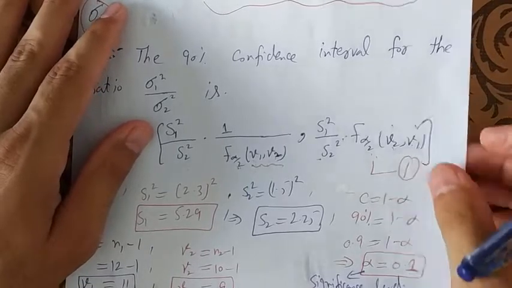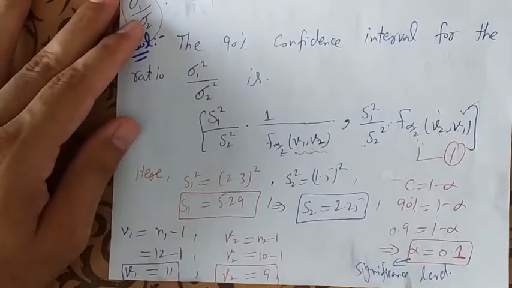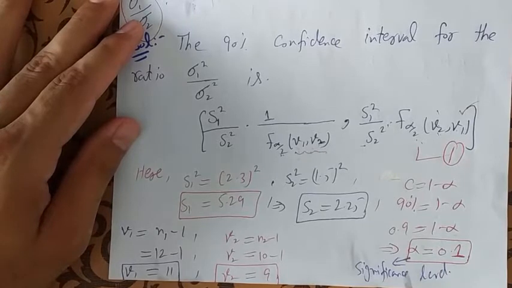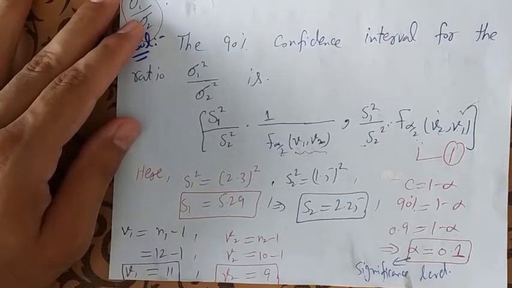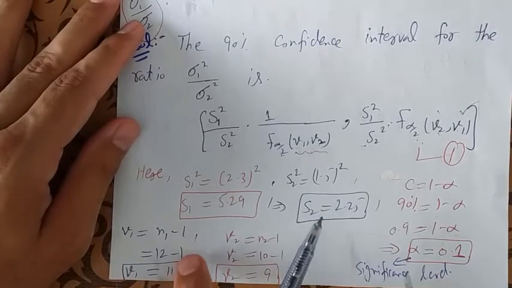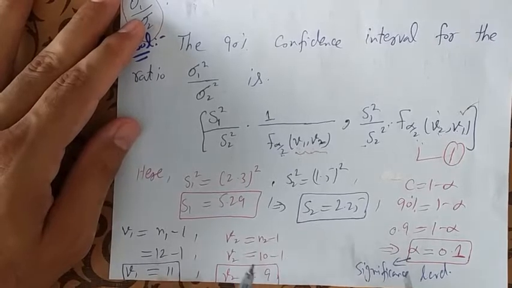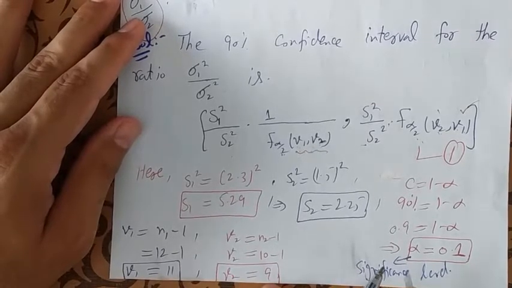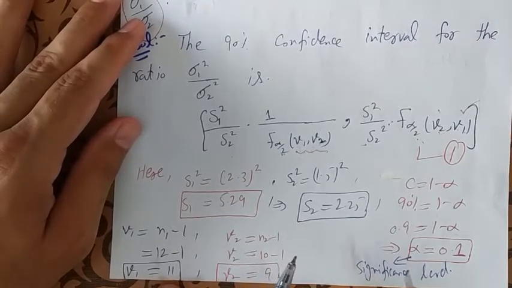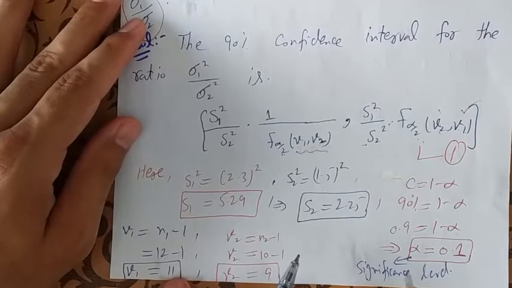And nu 1 is the degree of freedom. n1 is also given in the problem, which is equal to 12, and 12 minus 1 is equal to 11. Similarly nu 2 is equal to 9. So nu 1 is 11 and nu 2 is 9.